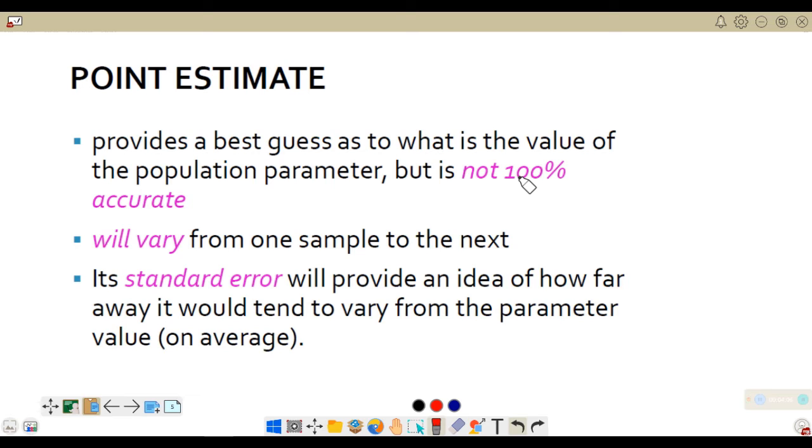You can get many point estimates. How? Because you can have many sampling distributions. For example, our target is the population of college students in PSBC. And then you are going to randomly select 100 samples. Out of that 100 sample, you can get a point estimate.